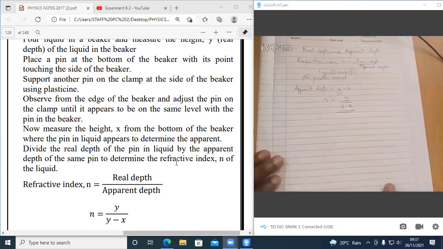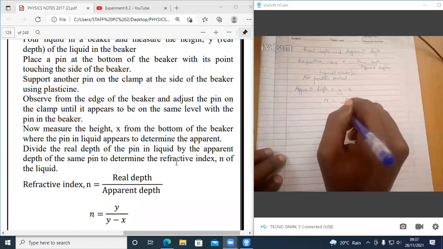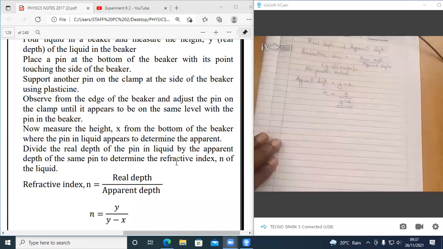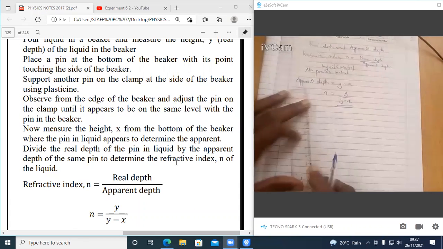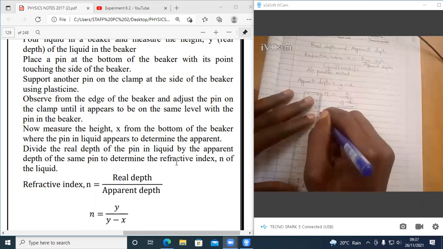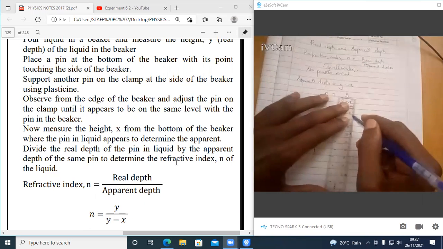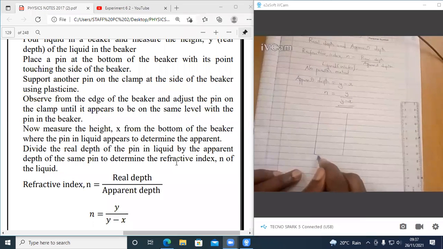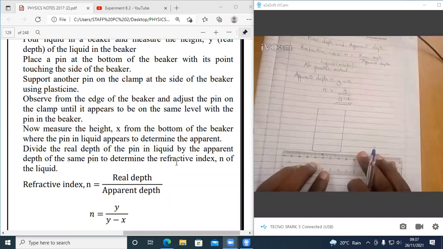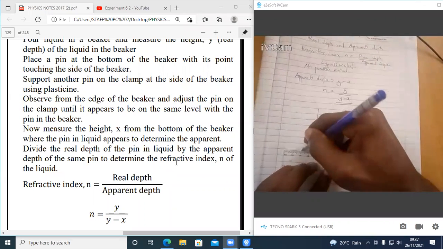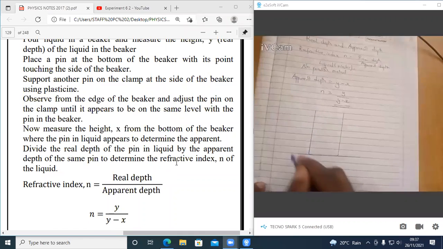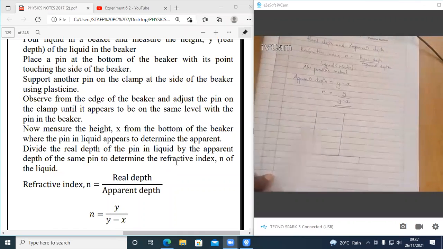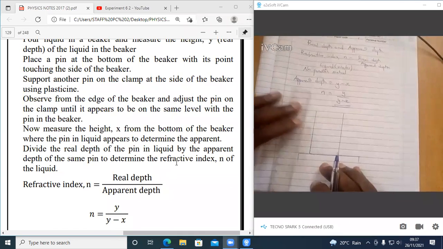It's not a must for us to use y and y minus x. Someone can say, assuming this is now our sketch, according to our diagram, this is our setup. So this is the table, then we have the retort stand.